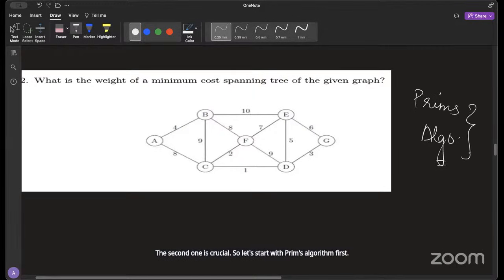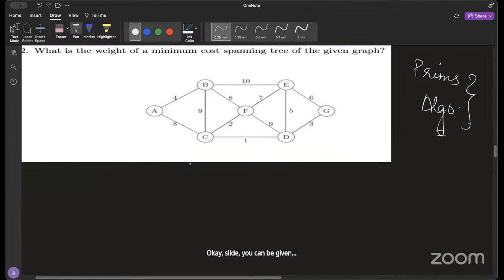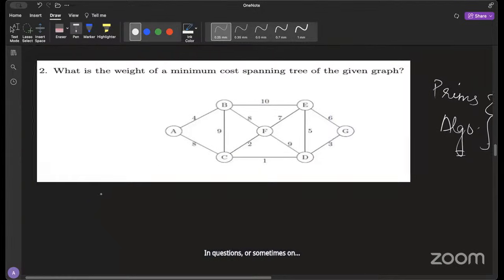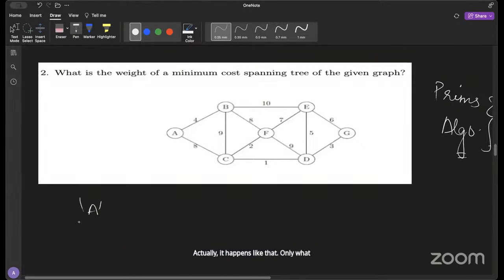Prim's algorithm starts with one vertex. Last time I said just choose the least weight edge, right? But in Prim's algorithm, you're given the vertex with which you need to start.